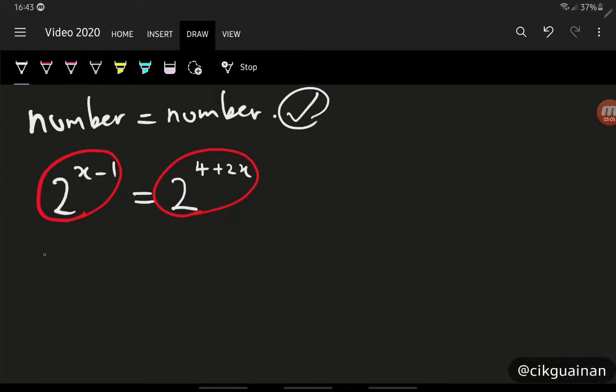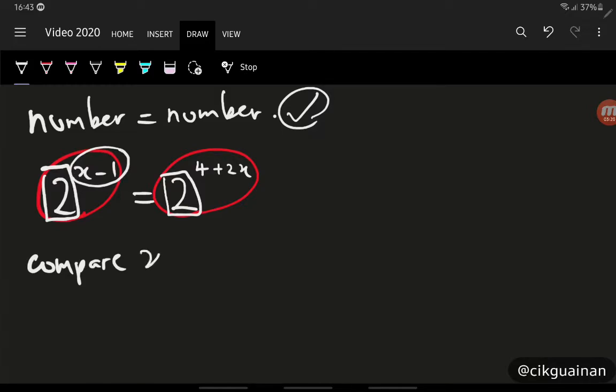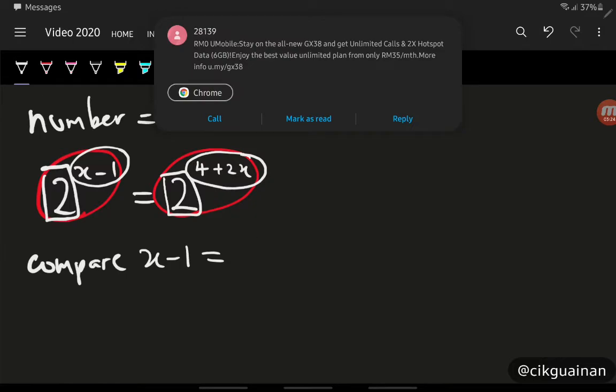So what we can do afterwards, we can compare the power. Why can we right away compare the power? Because the bases are the same, which is the base of 2. So we compare the power only. On the left hand side, x minus 1 equals, the power on the right hand side, 4 plus 2x.